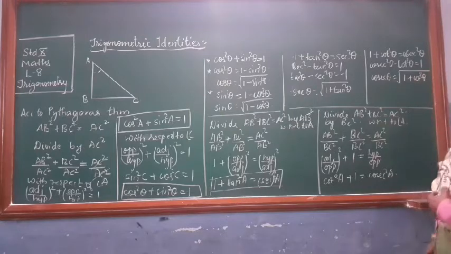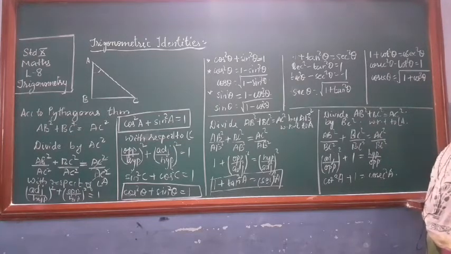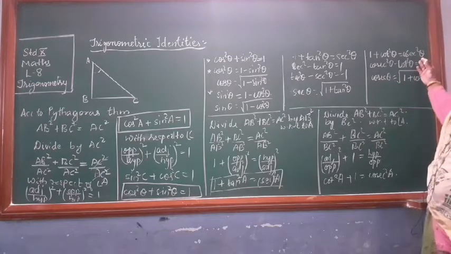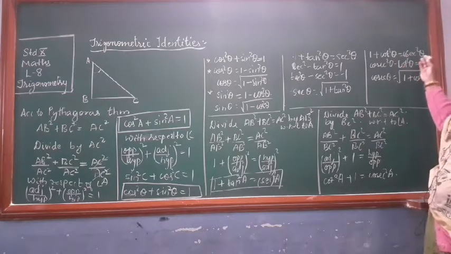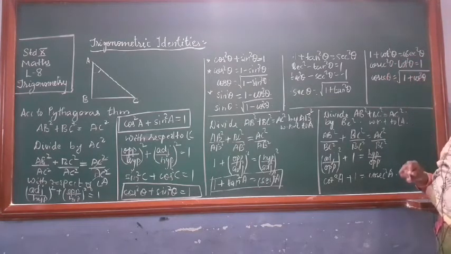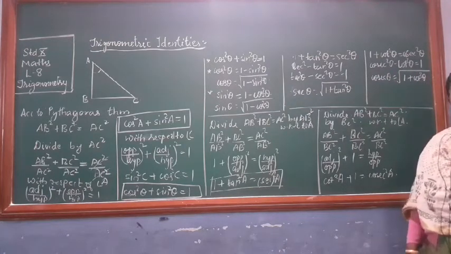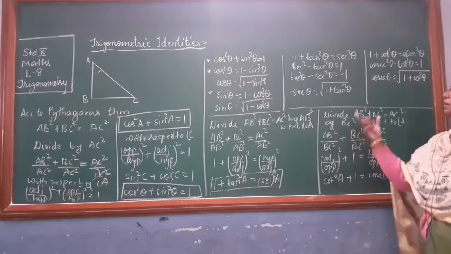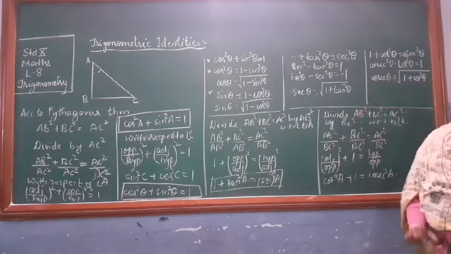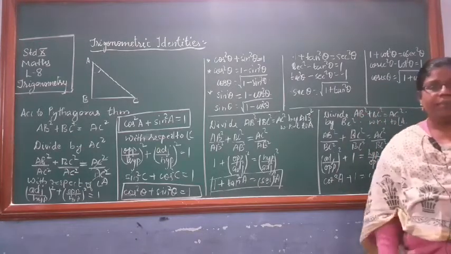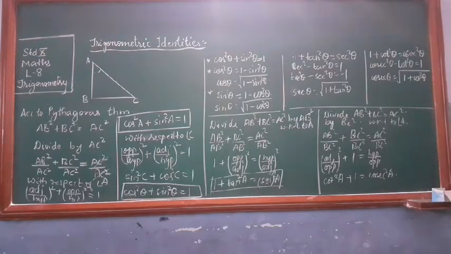That can also come. So these are different ways in which you can express the values. You can have cot square theta minus cosec square theta equal to minus 1, that can also come. It depends on what your question is, how the question is being asked. So these are the different identities which you have to remember. Please copy down every identity.